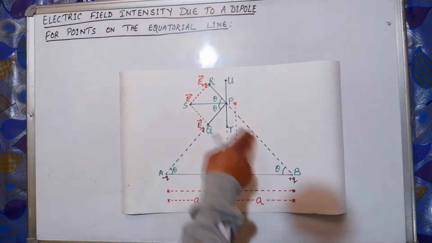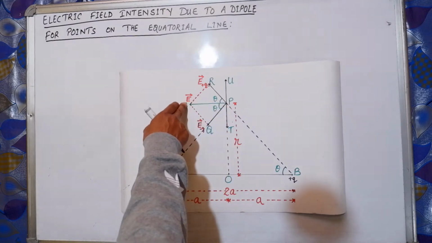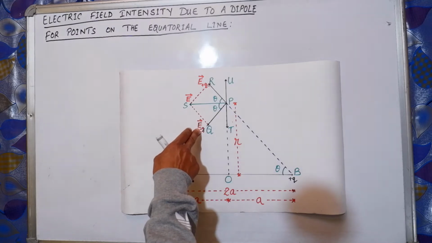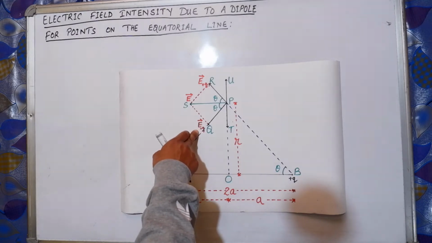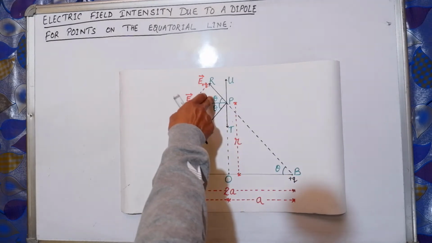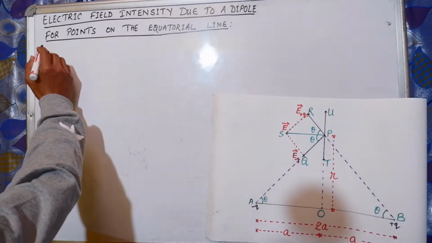The resultant electric field at point P, given by E, is found after we have solved the electric field because of charge minus q, given by E minus q, and because of charge plus q, given by E plus q. So let us start.